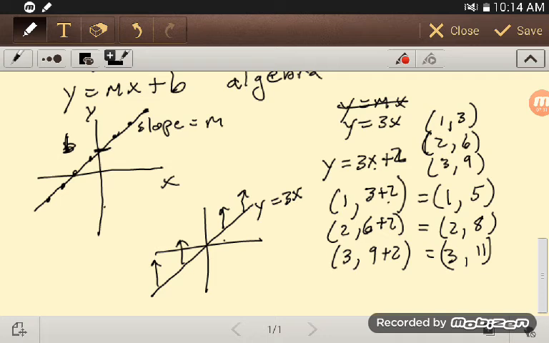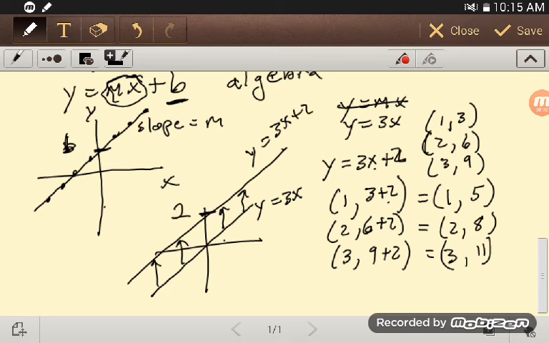I had y equals 3x, which is a line through the origin, and then I added that to every y value. So adding that just shifts everything up like this. There's y equals 3x plus 2, and there's a 2. That's on the y-axis, so x and y.